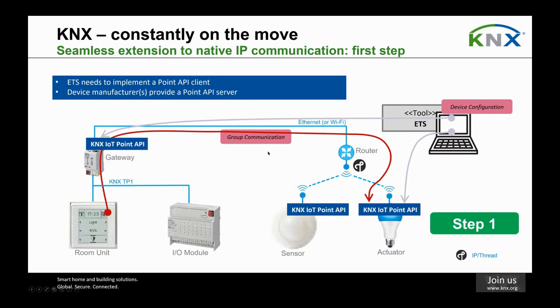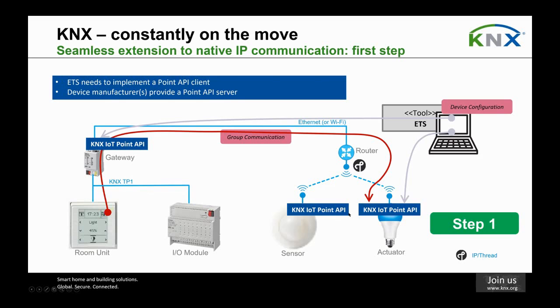Also, again, another representation of the same information, but now shown with real devices, and also showing you how a classic installation could be extended, for instance, by a mini Thread network where devices are inside that use the KNX IoT Point API.